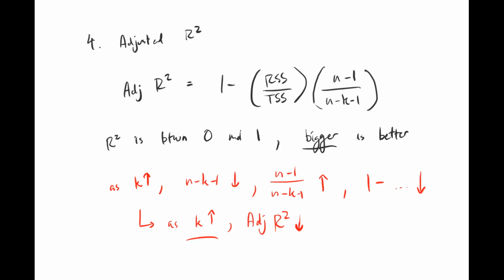And again, the concept being that you want to try and have some kind of term that penalizes the increase in variance, in the sort of variance contributing to the error, as you add more and more variables.